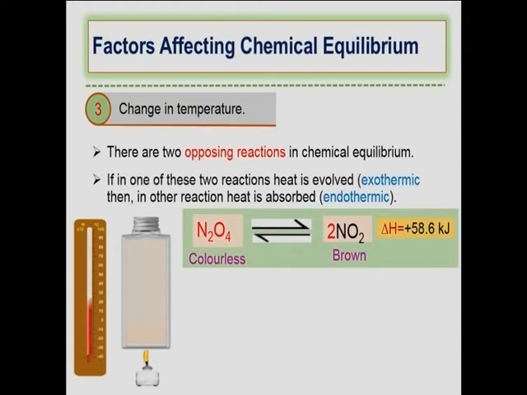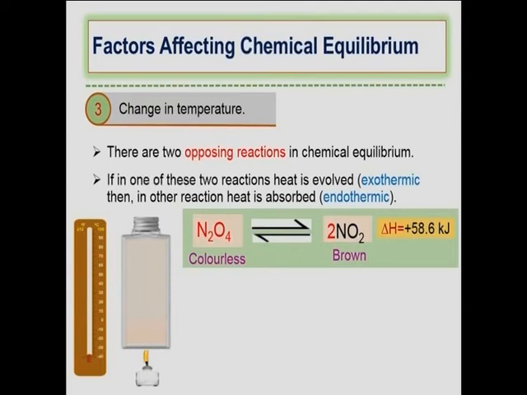So let's increase the temperature. The intensity of the brown color also increases, indicating more production of nitrogen dioxide has taken place. Now if you decrease the temperature, the backward reaction has occurred, meaning more of that colorless substance is produced.